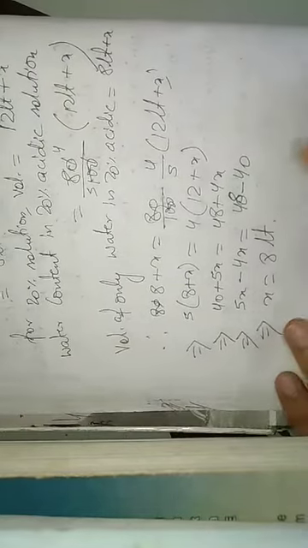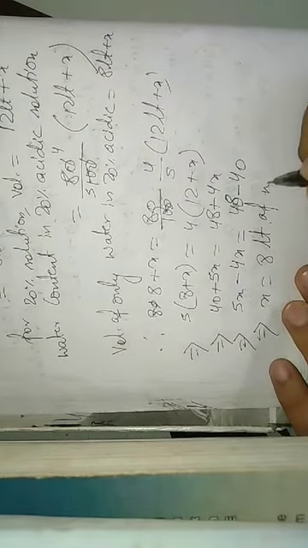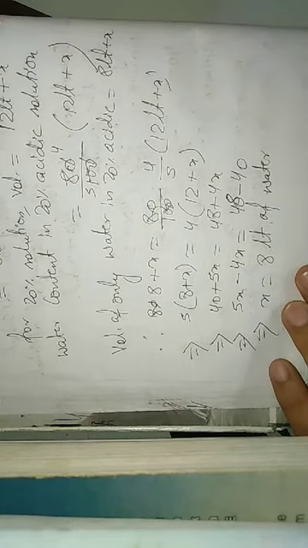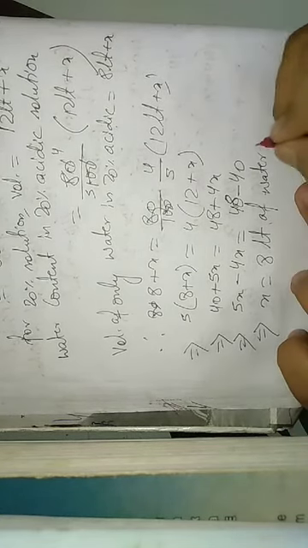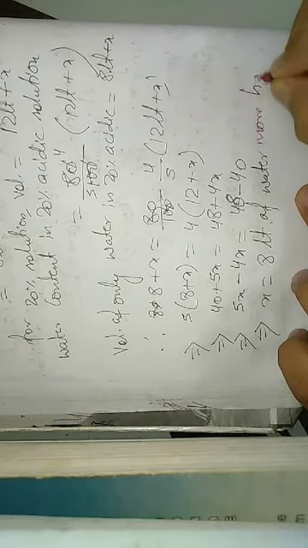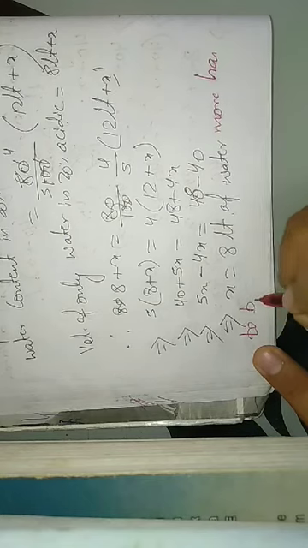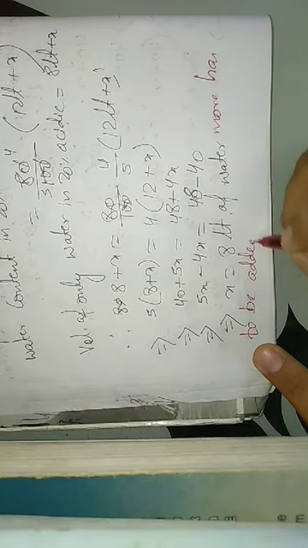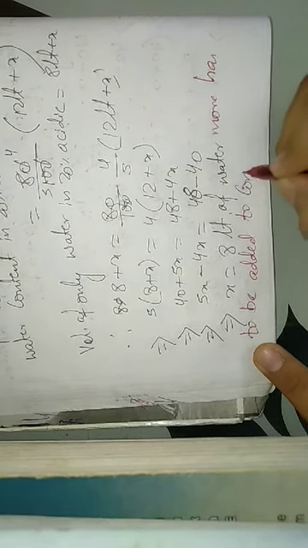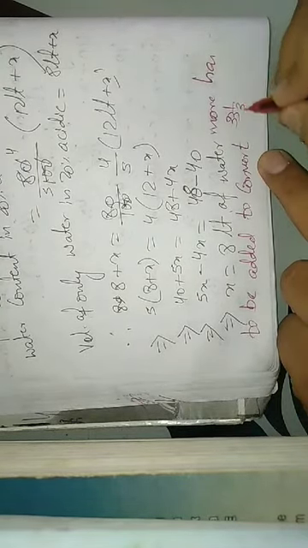8 liter of water more has to be added to convert 33 complete 1 by 3% to a 20% acidic solution.